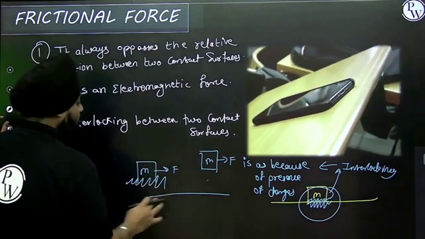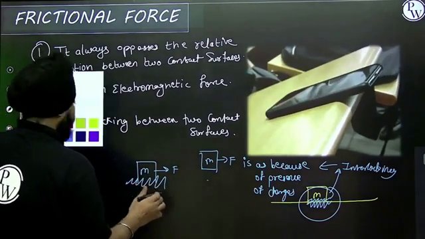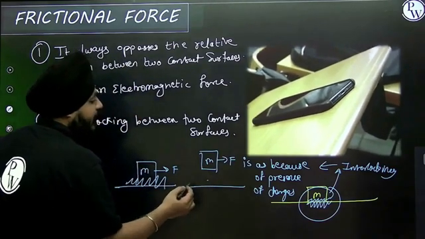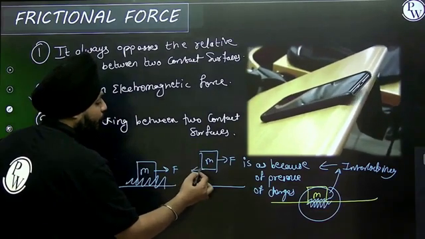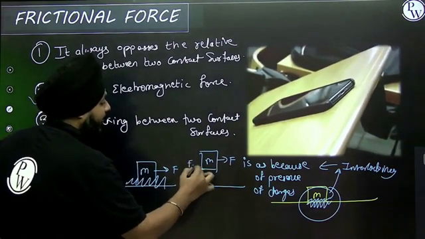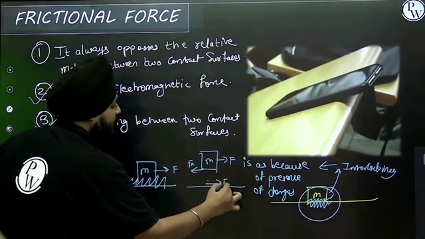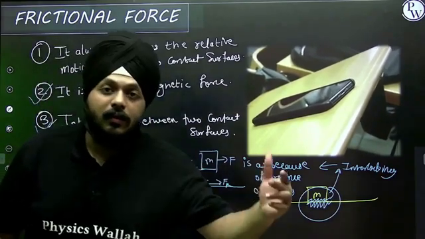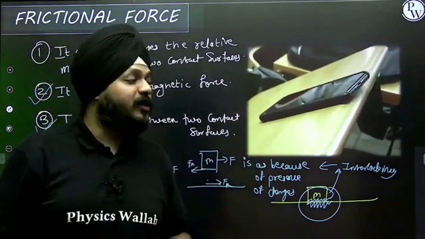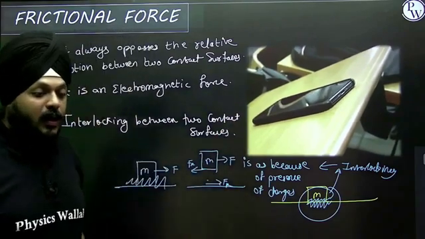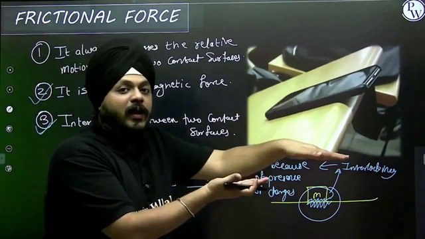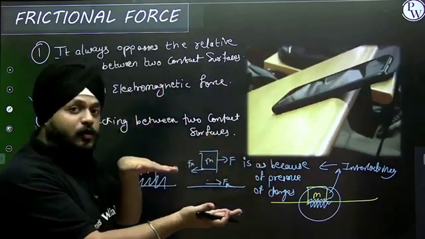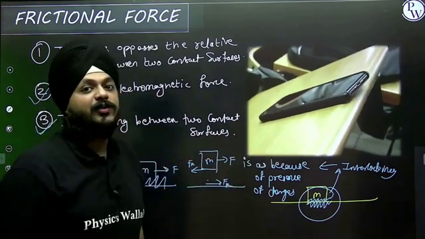Friction will pull M in the backward direction and push the surface in the forward direction. Then only the relative motion between the two contact surfaces will be opposed. If the object is moving this way, the friction will pull the upper object backward and the lower one forward.